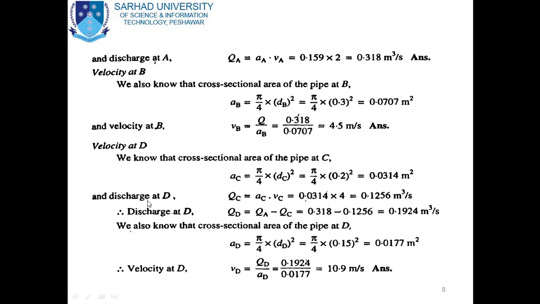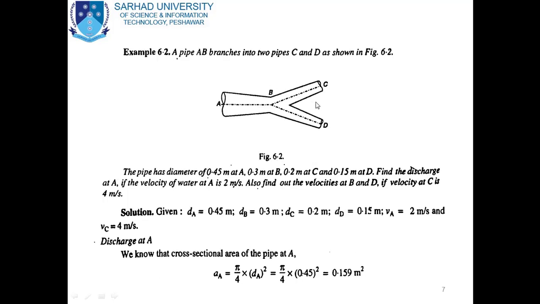And now to find the discharge at D, we have QD is equal to QA minus QC. So as you can see in the figure, the total discharge at this point is equal to the discharge at point A, as this pipe is the same.